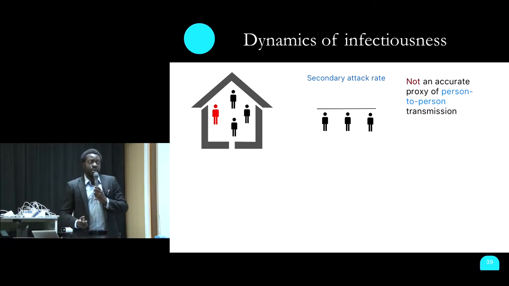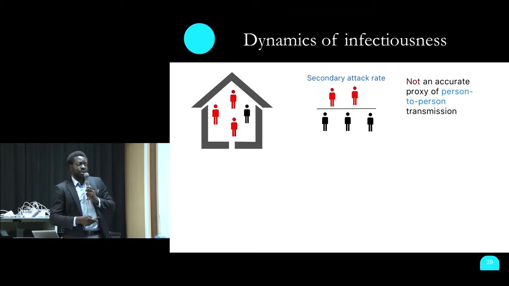And let's rule out the possibility that there is any infection coming from outside. Everything is in a closed environment. So 2 people, among the 3, became infected. So the secondary attack rate is 2 divided by the total size, 3 of them. So out of the 3, 2 became infected. So this is the secondary attack rate.